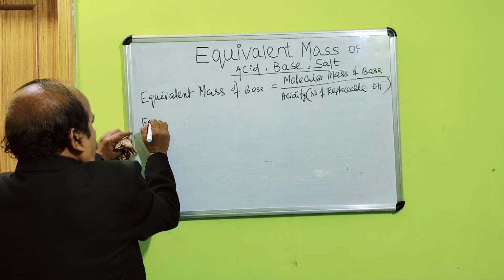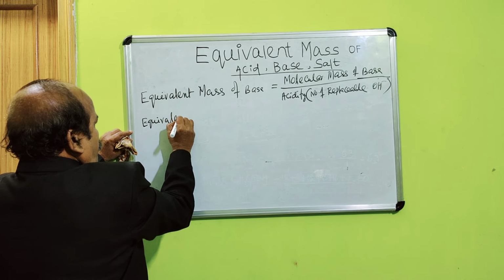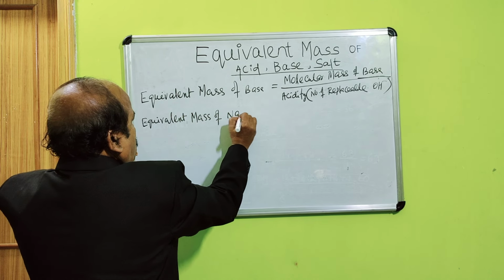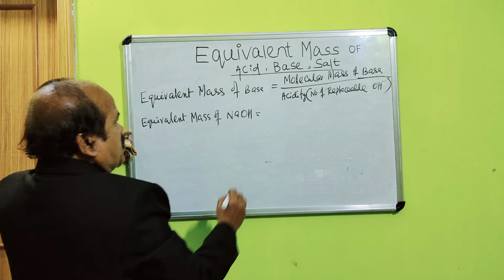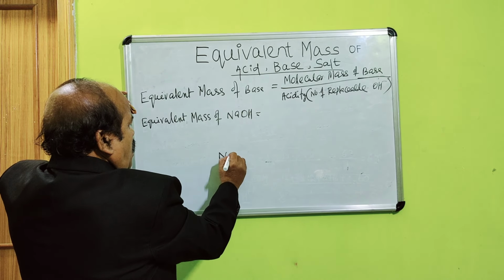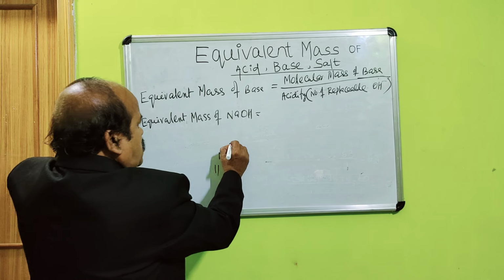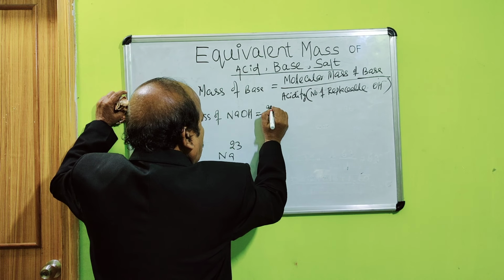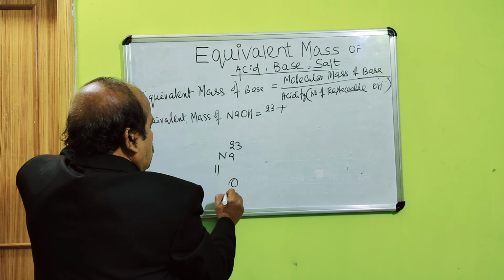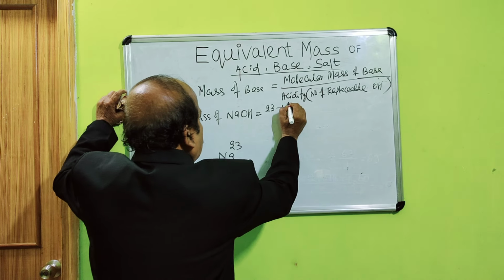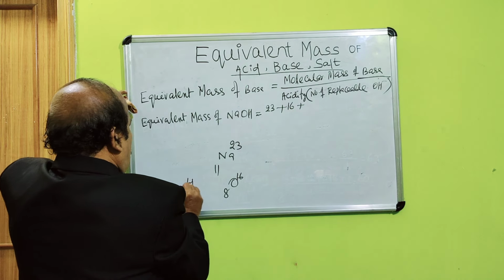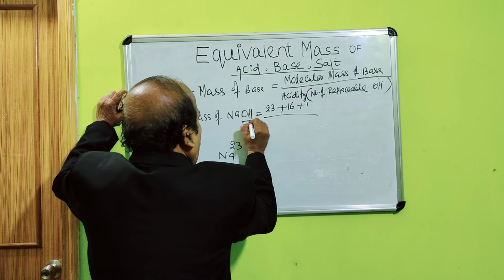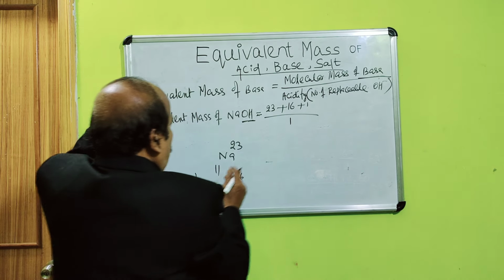Equivalent mass of sodium hydroxide, NaOH. Its molecular mass, let me find out. Sodium, its atomic number is 11, mass number 23. We are always calculating atomic mass or mass number. So 23 plus oxygen, atomic number 8, mass number 16, hence 16, plus hydrogen, atomic number 1, mass number 1, so 1, divided by number of hydroxyl ion, which is 1.